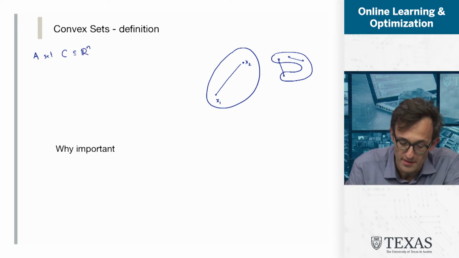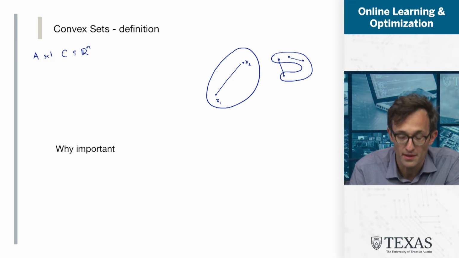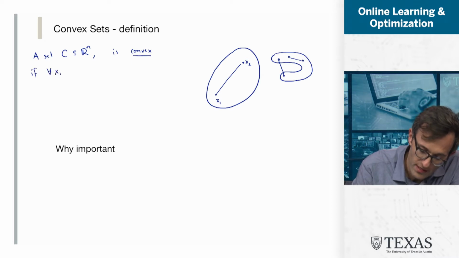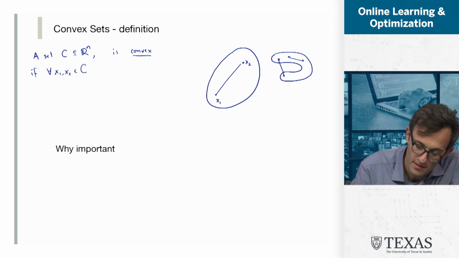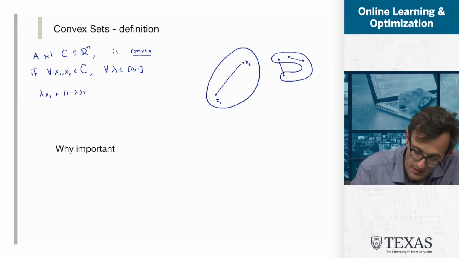This symbol means subset here, and R^n means n-dimensional space. C is convex if for any points x1 and x2 in the convex set, and for any possible weight lambda between 0 and 1, the intermediate point, lambda x1 plus (1 minus lambda) x2, also lies in the set.